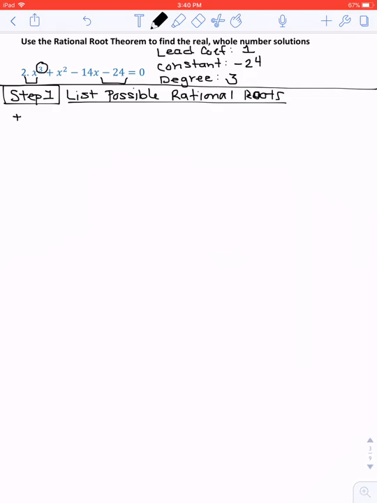It is based off of plus or minus P over Q. What does P represent? Factors of the constant. And the Q? Factors of the lead coefficient.